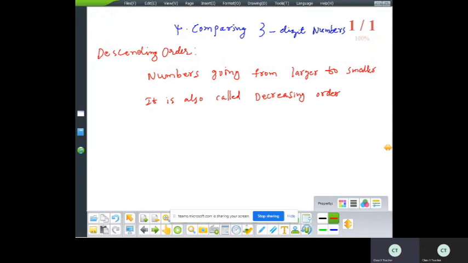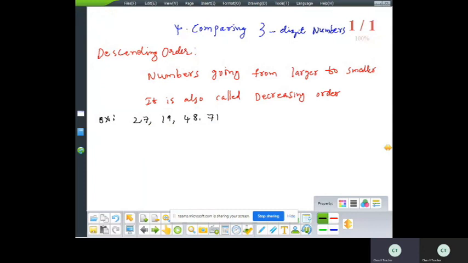Now we see an example on descending order. The given numbers are 27, 19, 48, 71.